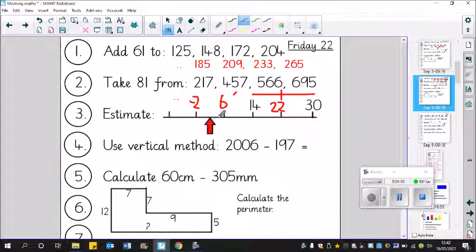Right. If the gap between this and this is 8, then half of the gap must be 4. So you could either do 6 take away 4, which would be 2, or you could do minus 2 add 4, which of course is still 2. So the answer is 2 for the arrow.